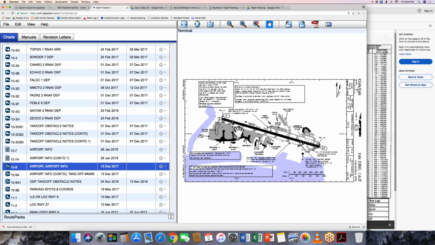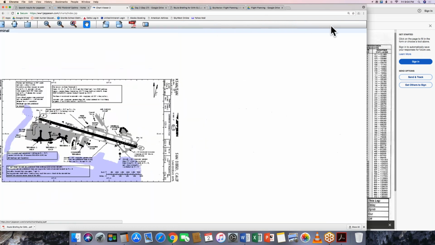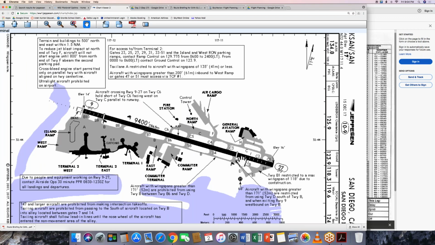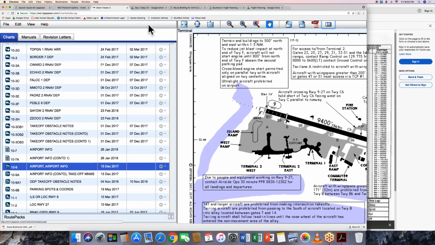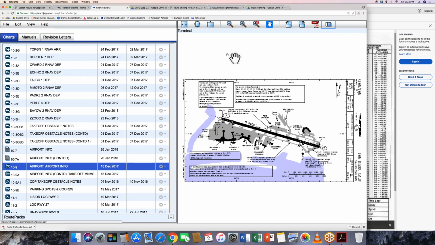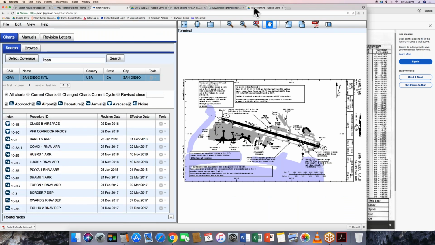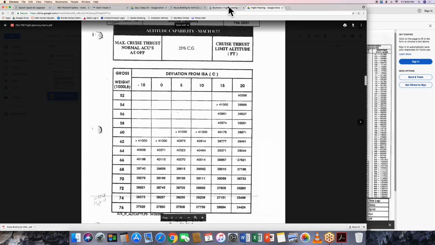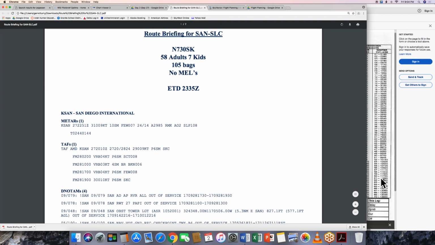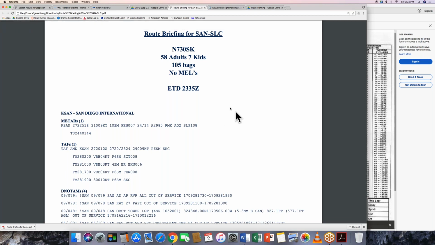Let's take a quick look. Yeah, 16 feet above sea level, so we're just going to call it sea level when we figure out our ISA deviation here. What is ISA at sea level?